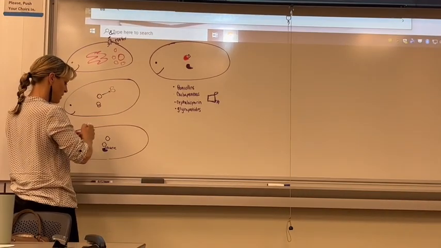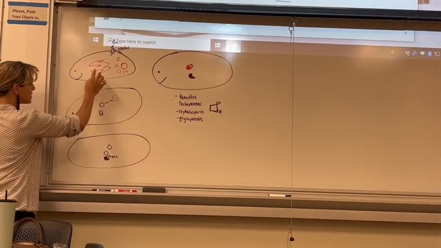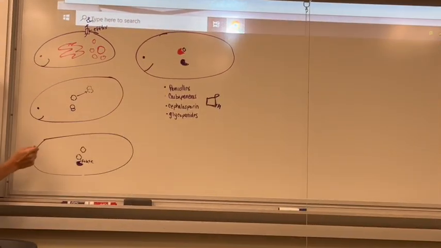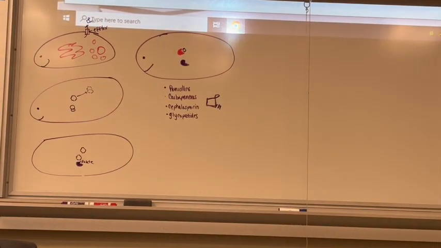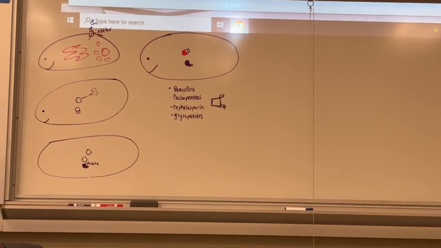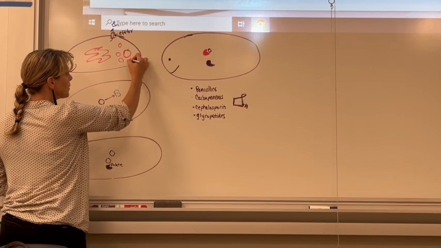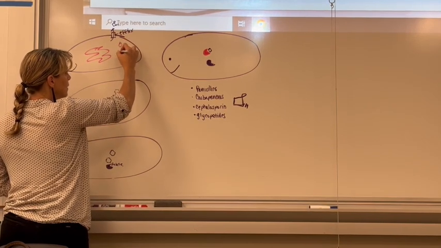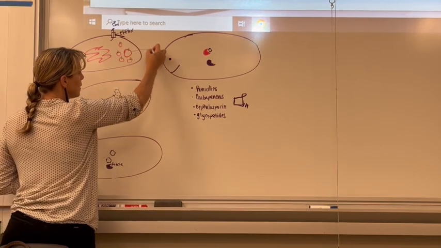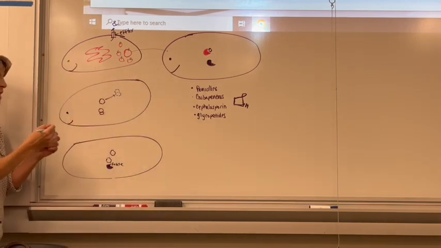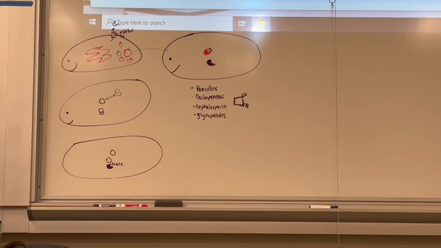If there are any defense mechanisms from bacteria on that plasmid, that plasmid is called an R factor. That's only for ones that contain antibiotic resistance, and we worry about that a lot.